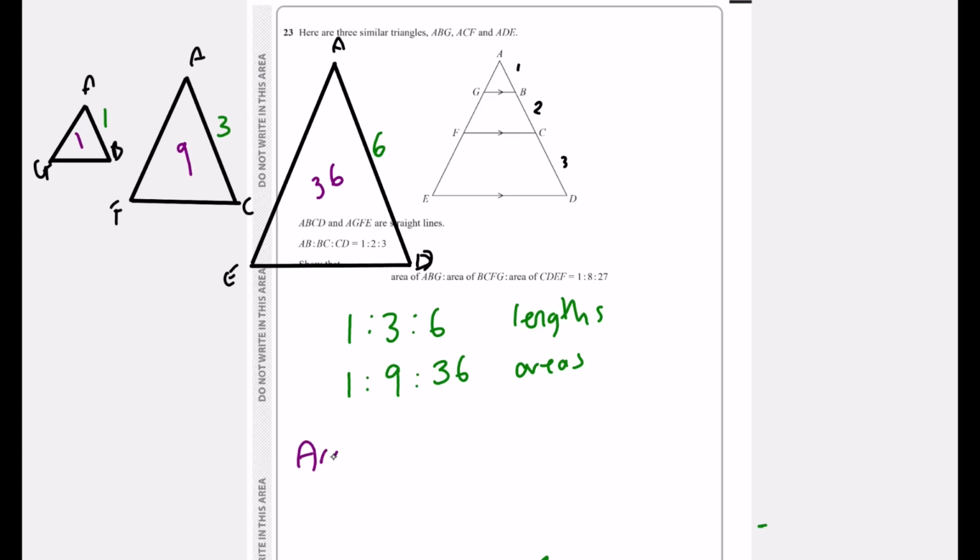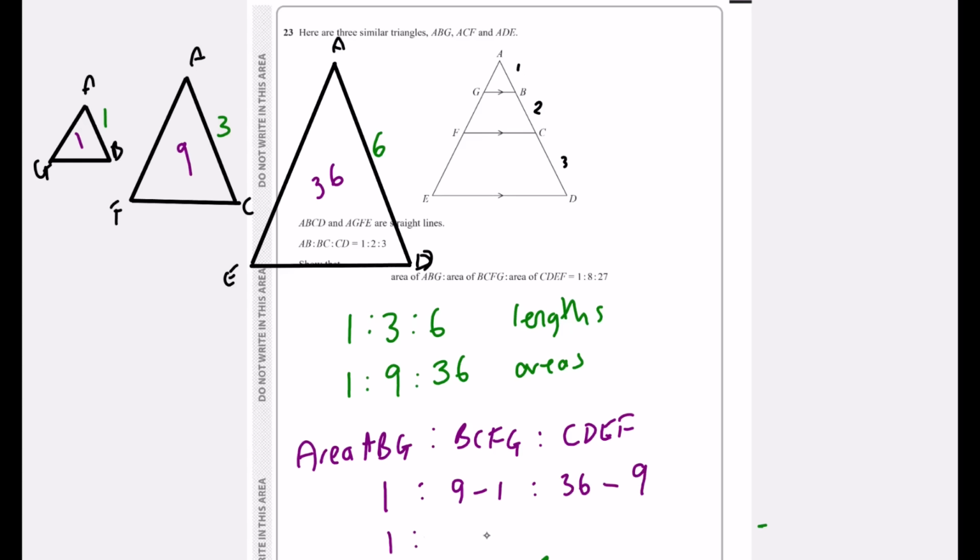So the areas ABG to BCFG to CDEF is 1 to 9 take away 1. CDEF is the biggest triangle, take away the medium triangle. So 36 take away 9, and that will be 1 to 8 to 27. And that is what we wanted. That's the answer.